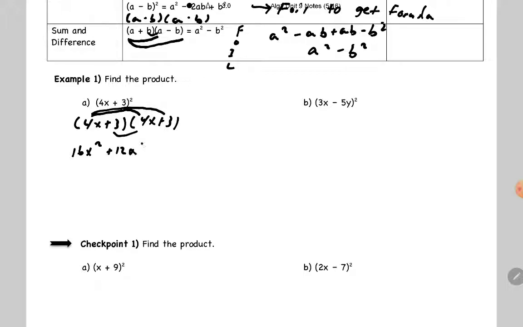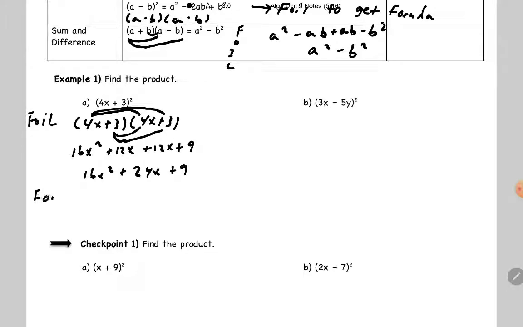Inside numbers, 12x. And last numbers, 9. So this would be 16x squared plus 24x plus 9. So this is through FOIL.